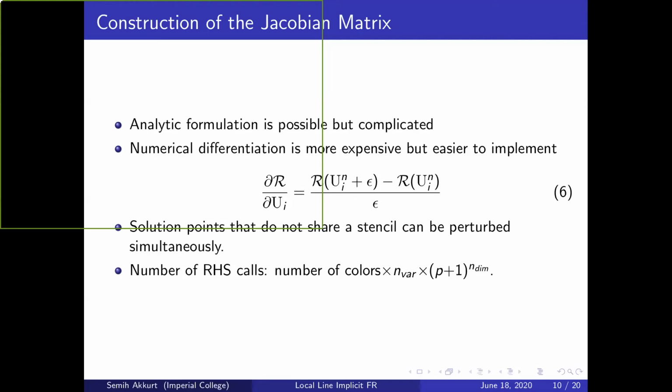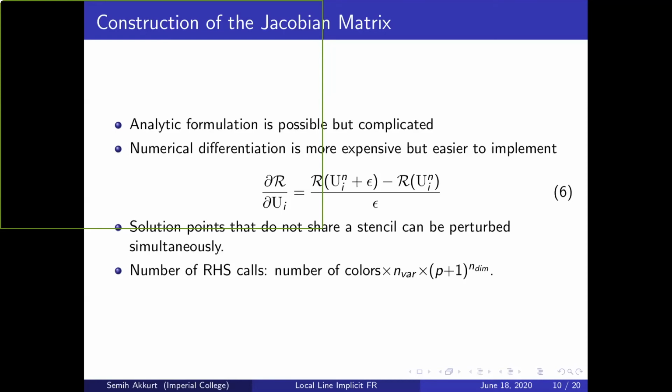In this approach, you just perturb a field variable with epsilon, and then call the right-hand side equation, and you get the divergence of flux. And then you simply do numerical differentiation to get a column of your Jacobian matrix.